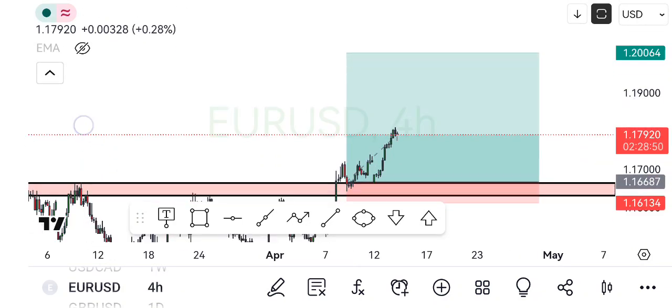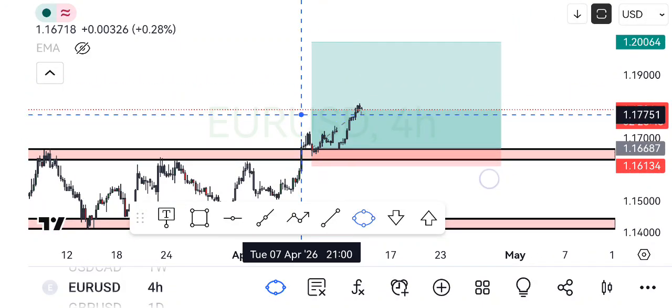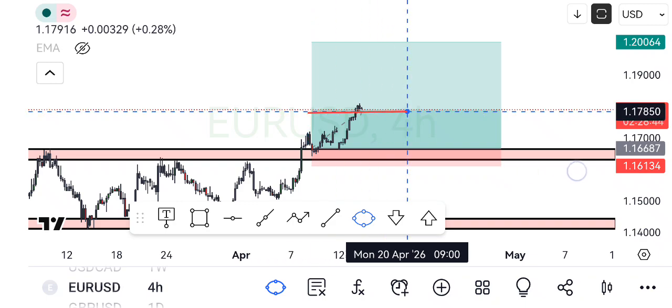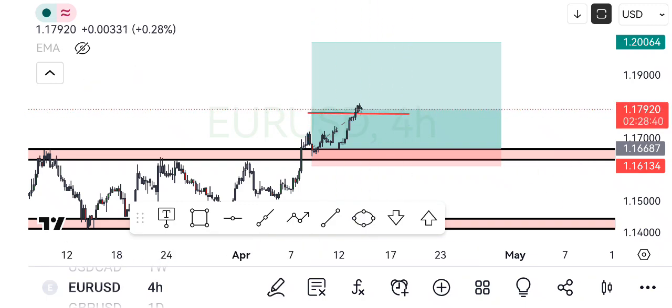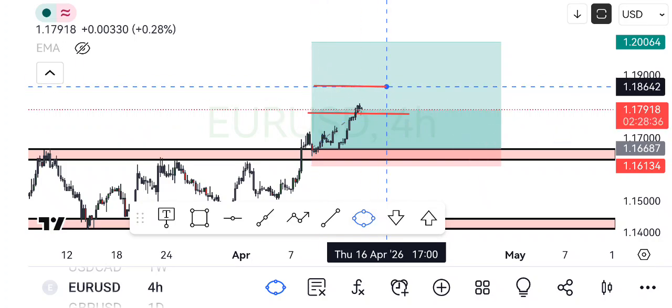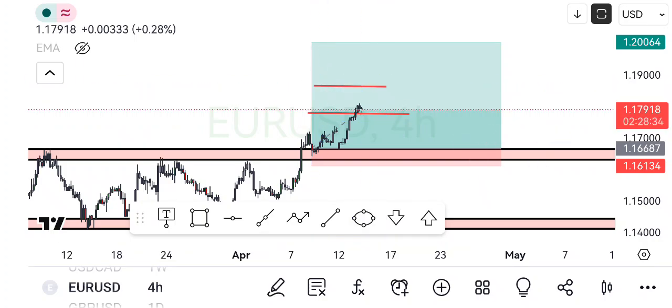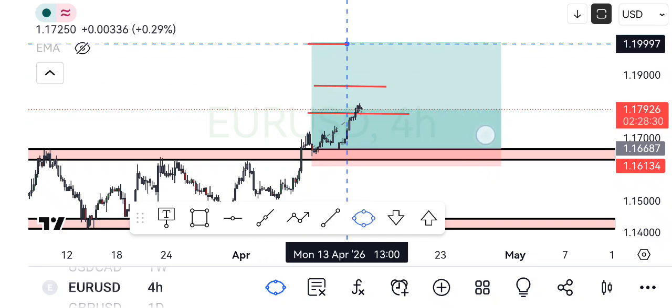Right. So now this is how my position is looking. I took initial profits here. Then I believe I have to take another portion of my profits here, and then the rest I will take up there.